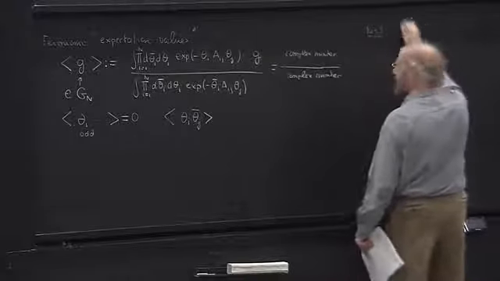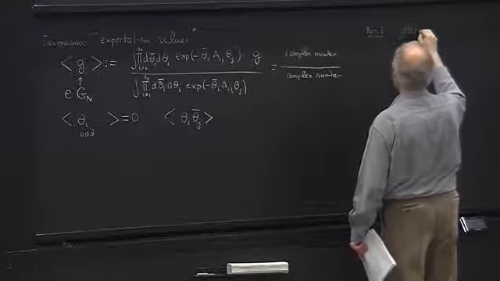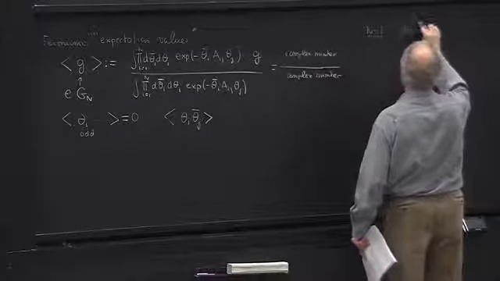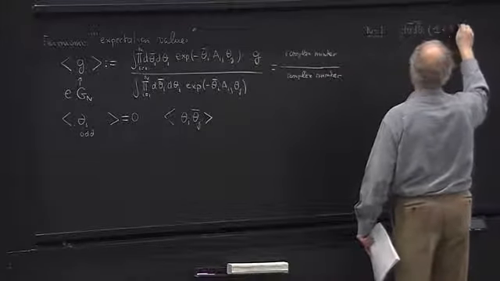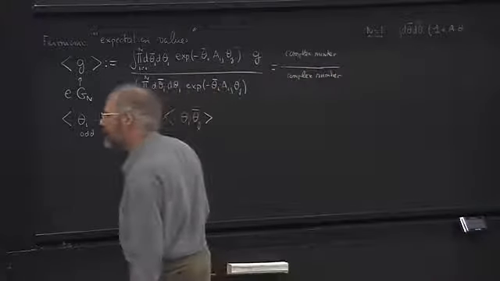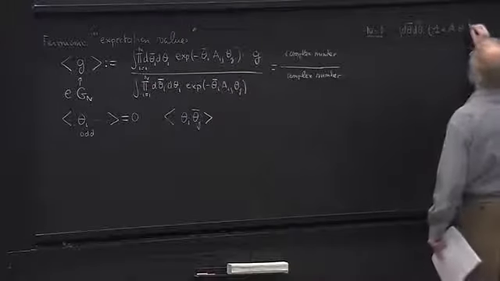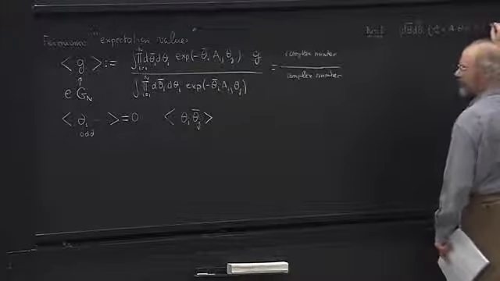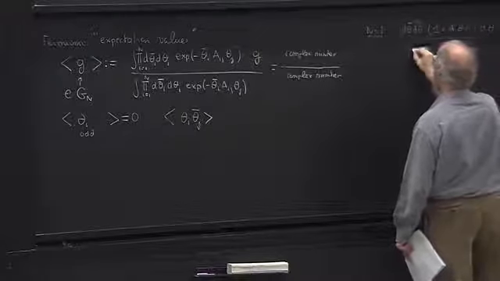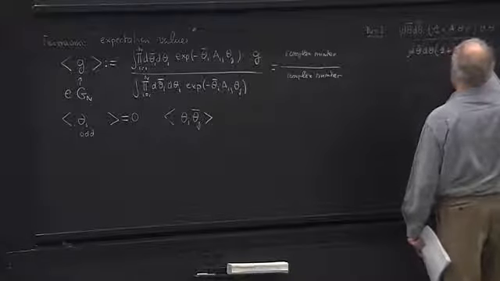In the N equal 1 case, I am computing integral d theta bar d theta of 1 plus a theta bar times theta bar, divided by integral d theta bar d theta 1 plus a theta bar.